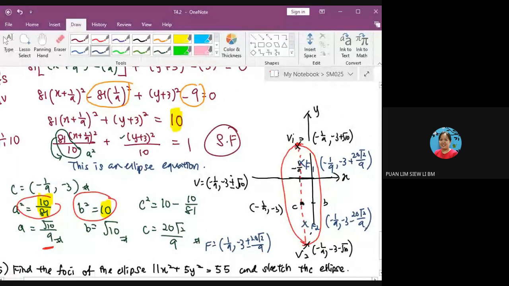Okay, so that's all. Finish. Finish do the drawing. Vertices got, focal point got, center got, then you're done. Yeah, last questions. Question number 5.